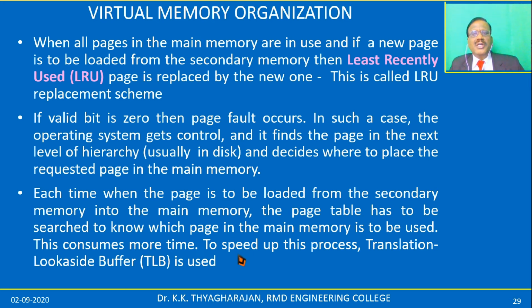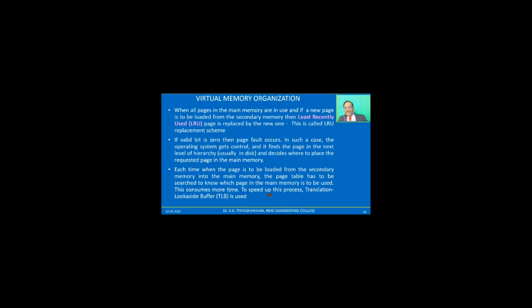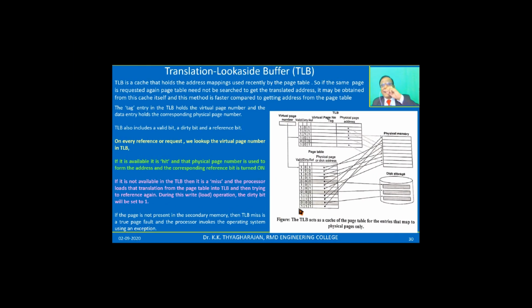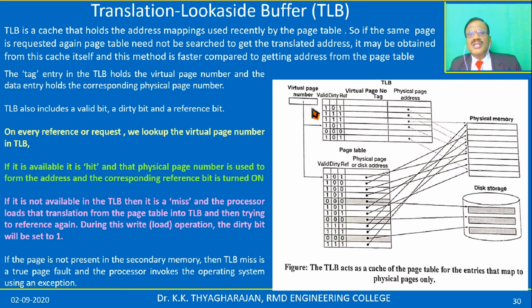It is a somewhat big table. So to speed up this process, the translation look-aside buffer is used. This is the translation look-aside buffer, and it acts as a cache for the page table.